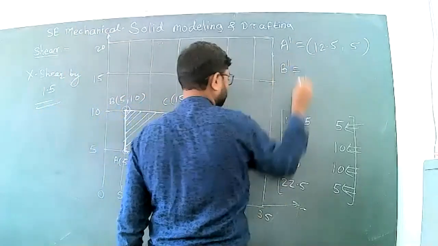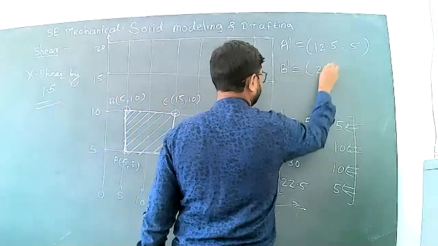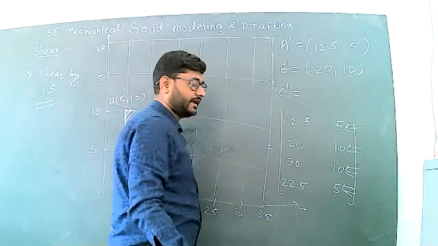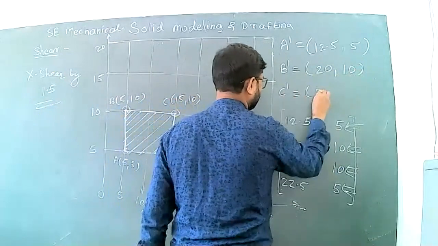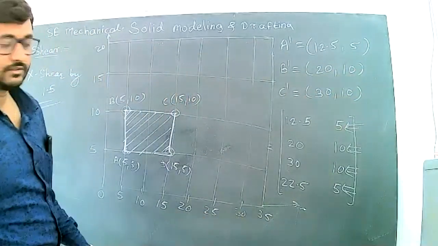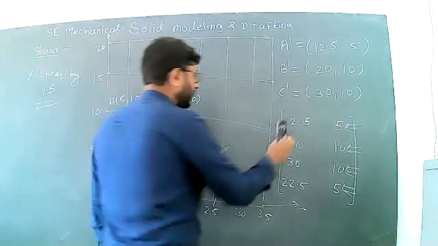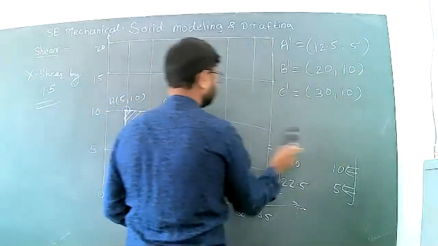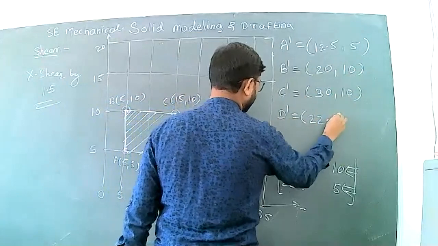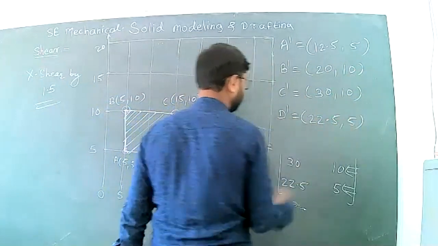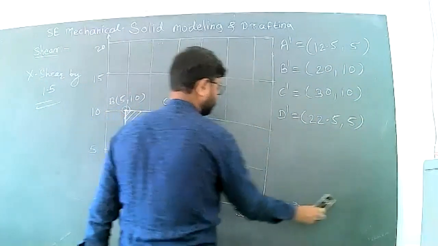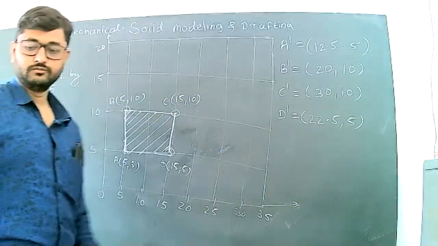B dash is 20, 10. C dash is 30, 10. And D dash is 22.5 and 5.